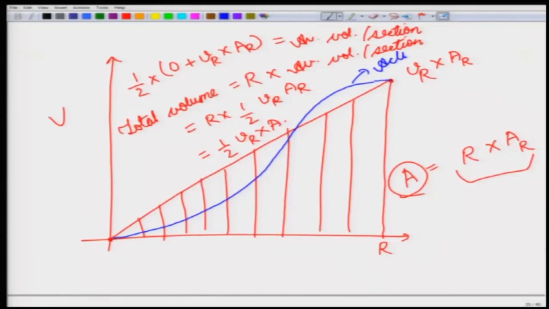In the early phases the growth is very slow, and in the later phases the growth increases till it reaches a maximum value, and then it again goes down to 0. So, this is how the actual curve will look. The blue one is the actual curve and the red one is the von Mantel approximation.